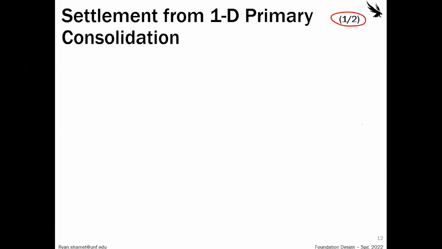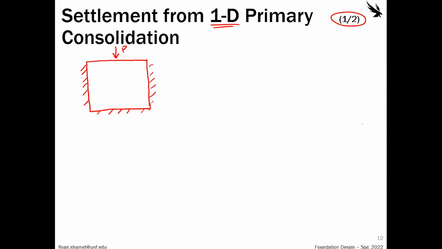You can note this if you don't already, so you can keep your notes together a little easier. What we're showing when we do this consolidation test is a 1D version of consolidation. If we have a little magical box of soil here, we are loading it in one direction. We'll just say this is a P, and everything else is going to be confined.